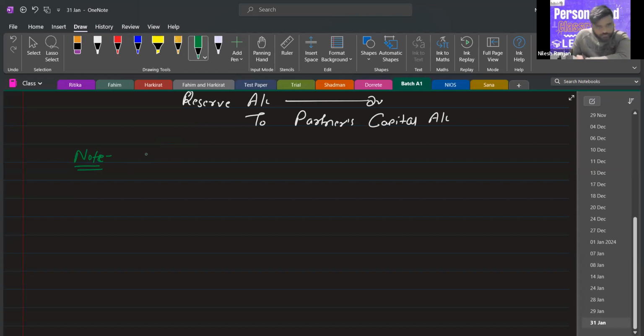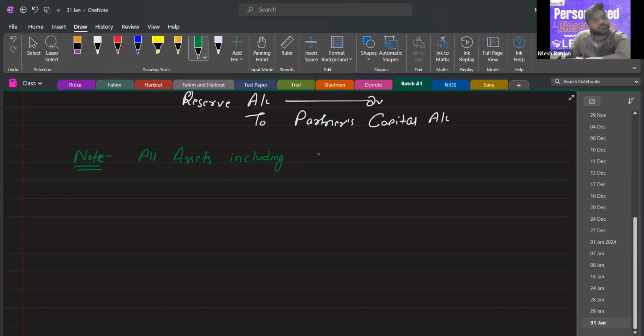So all assets, including goodwill, if you know this, should I write it here or not? Including goodwill, because sometimes students confuse that goodwill is not transferred to realization account and they write it off.